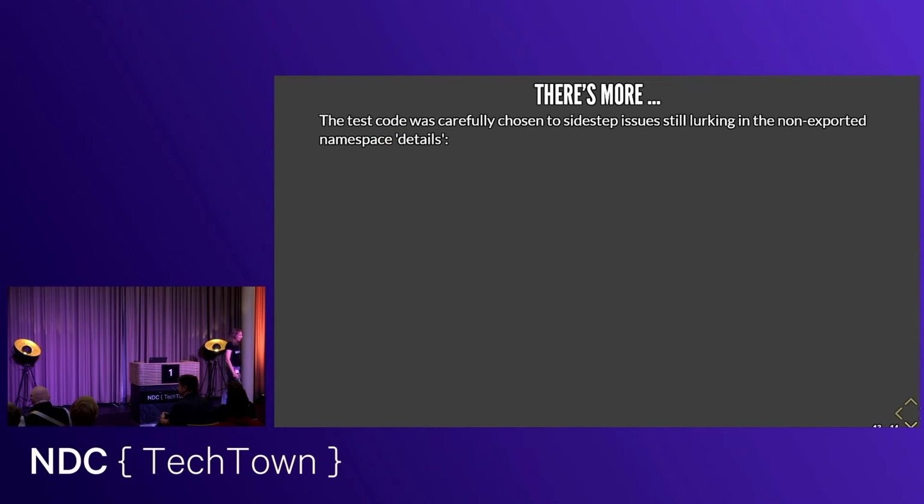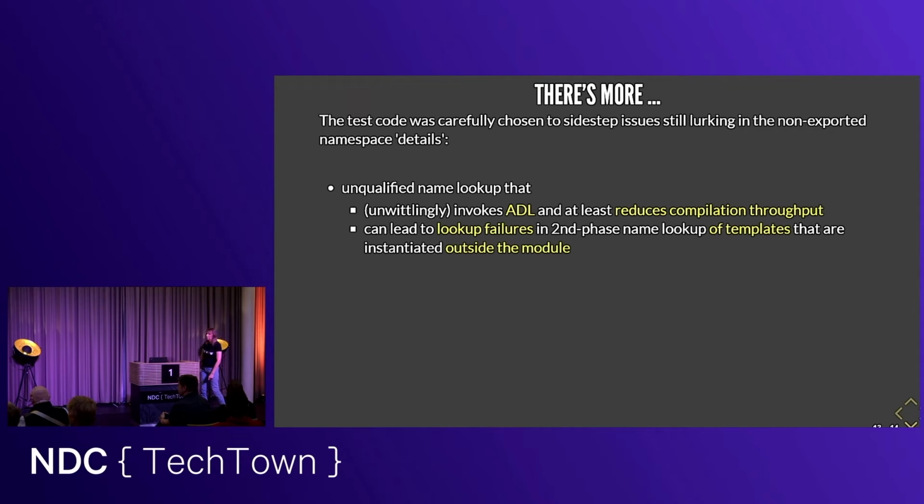But there's actually more with this piece of code from the ArcPath library. This integration test was carefully chosen by me to not trigger ADL within the library itself. Usually ADL just reduces the compiler throughput that you can experience in the traditional world just as well.